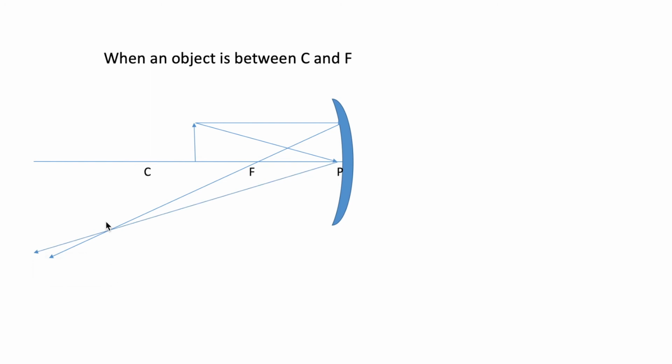So here the reflected rays are meeting and here it forms the image. This is the image and you can see the image's size is larger than the object. That means the image is magnified here. It is real and inverted and it forms beyond C.